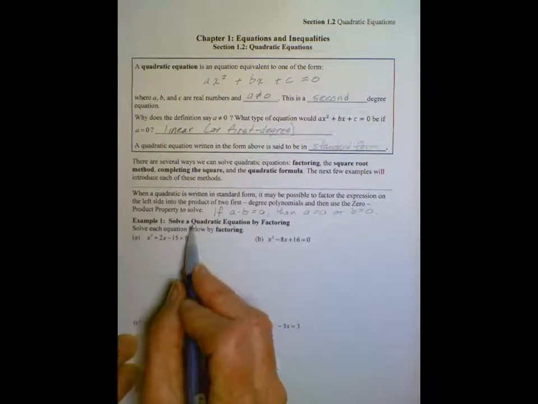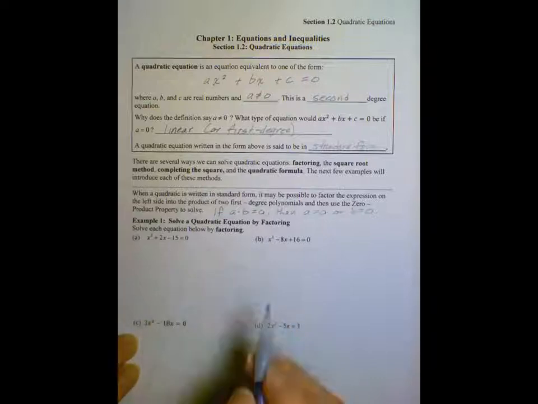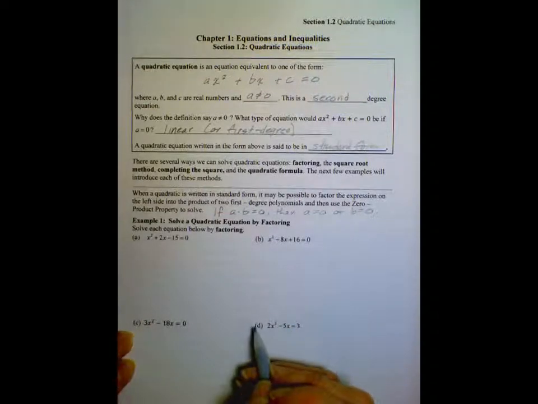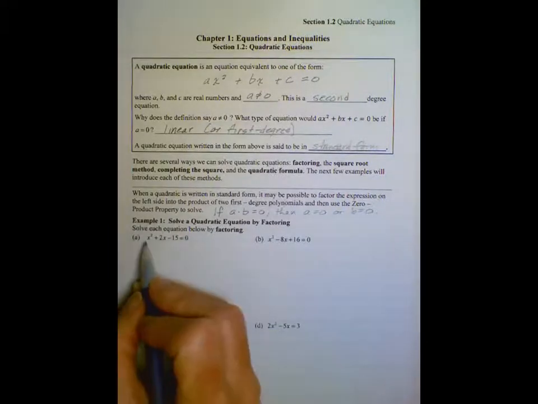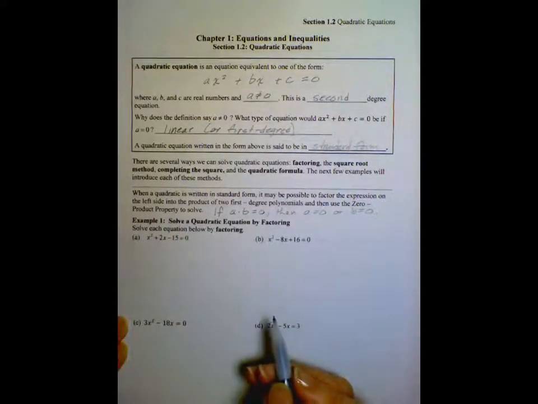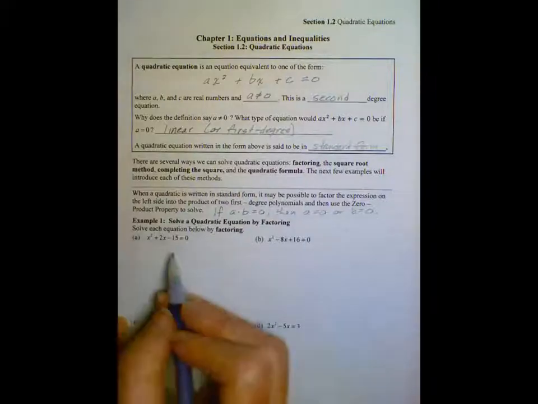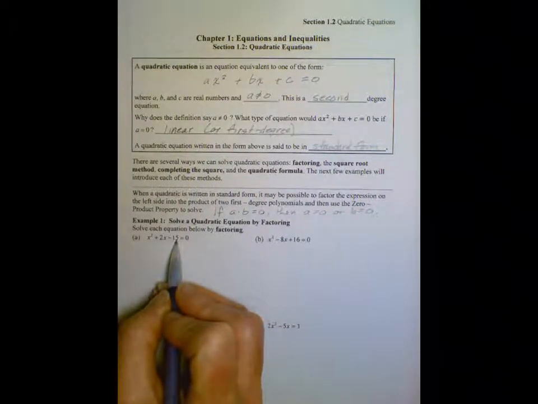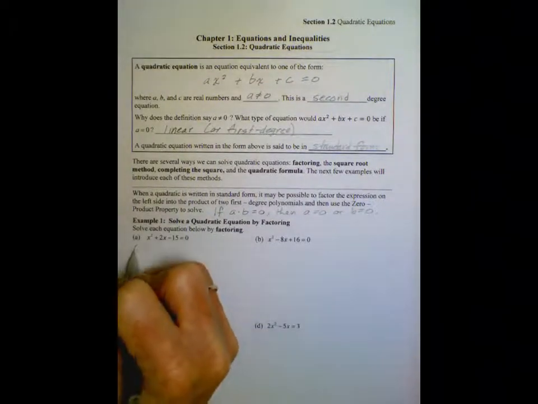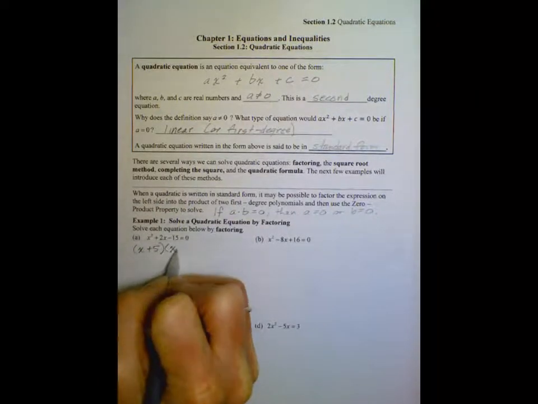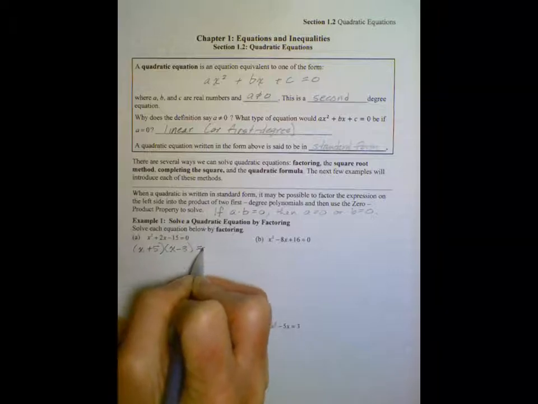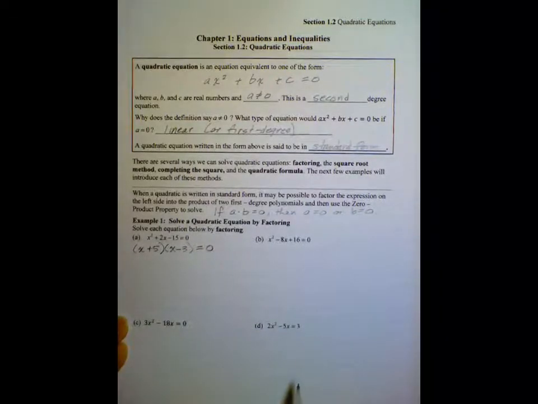All right, so let's see how we would solve the quadratic equation by factoring. And you do need to know all of these methods and be able to demonstrate all of these methods. Okay. So we learned about factoring a trinomial like this in R.5. We're looking for two integers that multiply to negative 15 but add to positive 2, and turns out that's x plus 5 times x minus 3. Now it equals 0. We're not just factoring, but it's an equation.